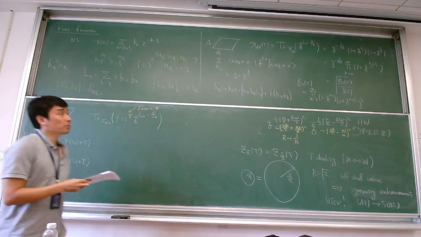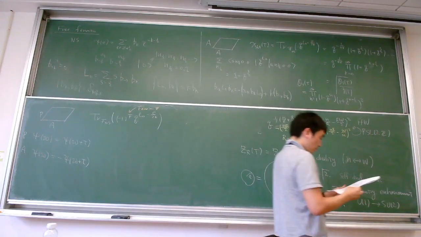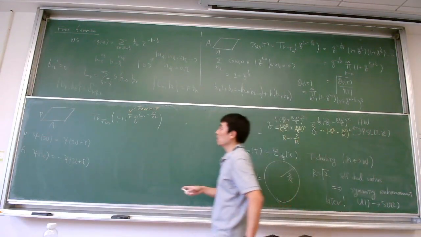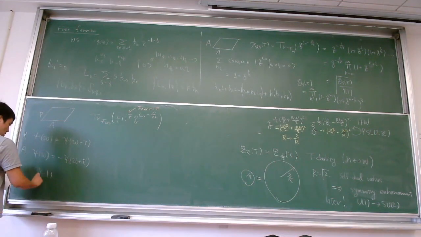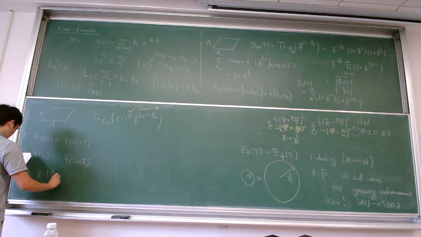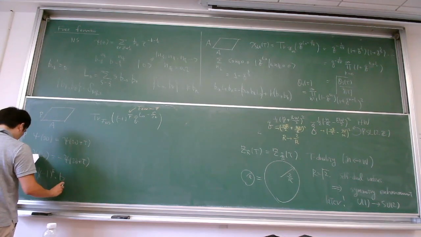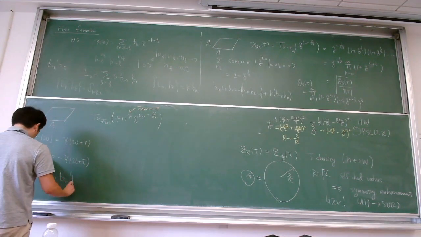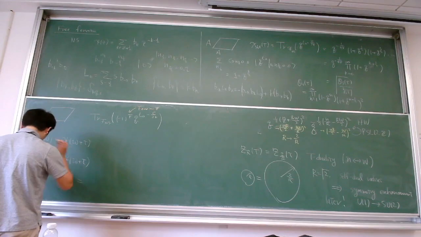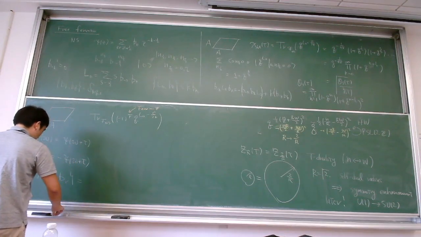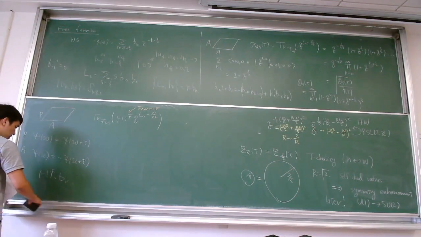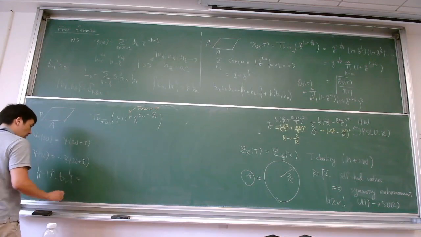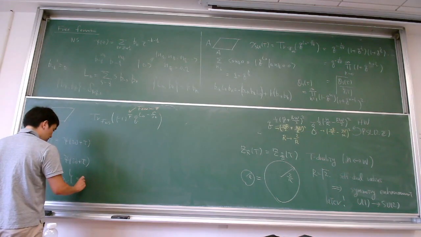The computation is almost the same as before. You just have to do the commutation relation with the fermion number operator. The commutation relation here will give you minus.